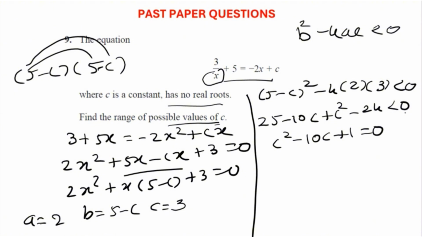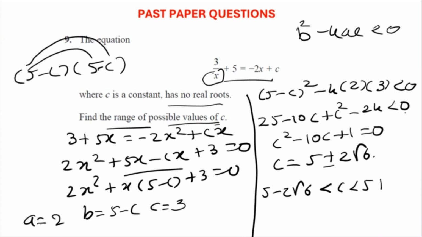When you use the quadratic formula, you will get two answers for c, 5 plus or minus 2 root 6. Now they are asking for a range. So how to write a range? You can write 5 minus 2 root 6 less than c less than 5 plus 2 root 6. So this is our final answer.